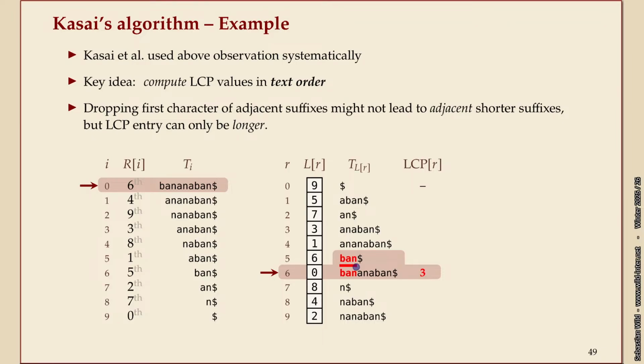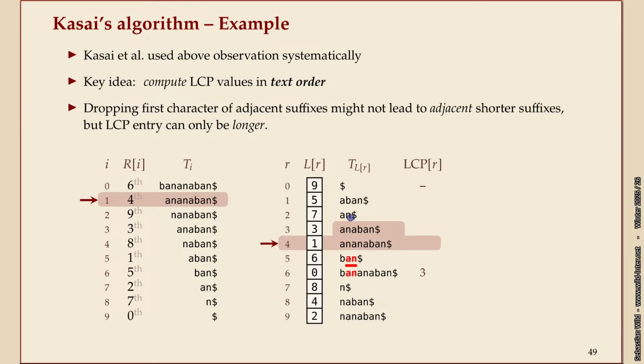Now we want to maximally reuse what we learned, or maximally reuse the work we have done. So we get rid of the first character, which is the same as moving to the next suffix in text order. But where is that guy to be found? Well, we have to look at the rank array and find it over here. Now, it has some previous suffix in the sorted order, and we don't know if that is ban without b. It actually isn't, right?